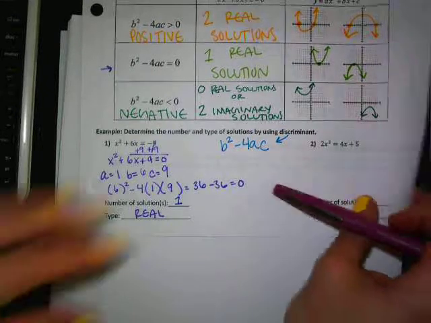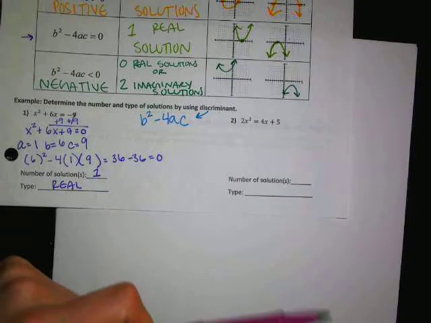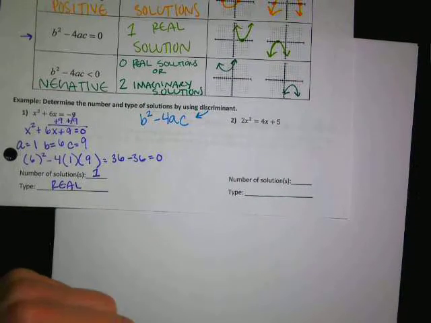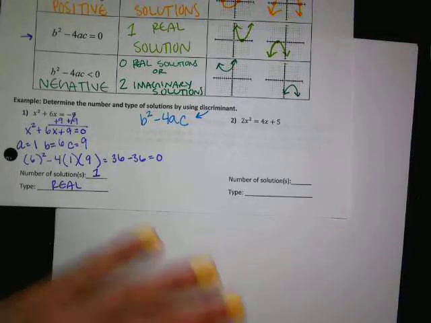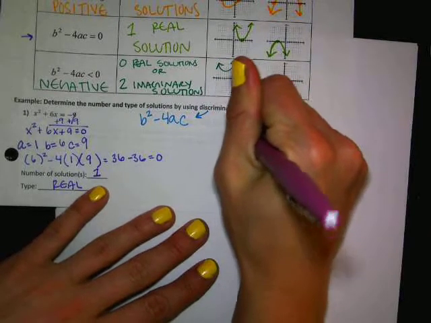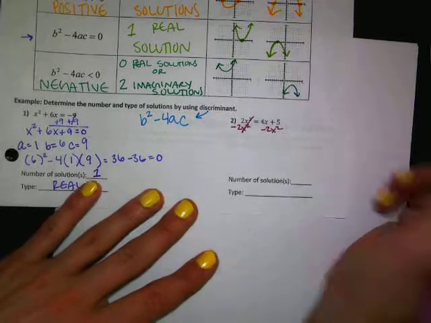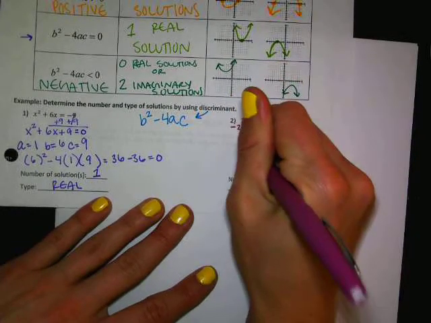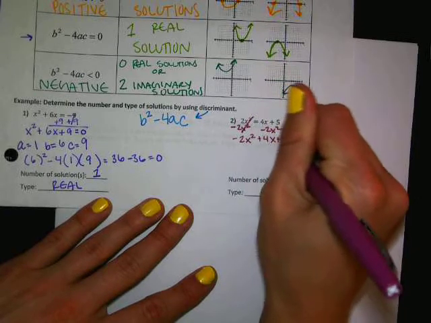All right, number 2. In the past, we have always kept x squared positive, but when you're doing the quadratic formula, it doesn't matter. So if you want to, you can move the x squared to the other side. So you get negative 2x squared plus 4x plus 5.